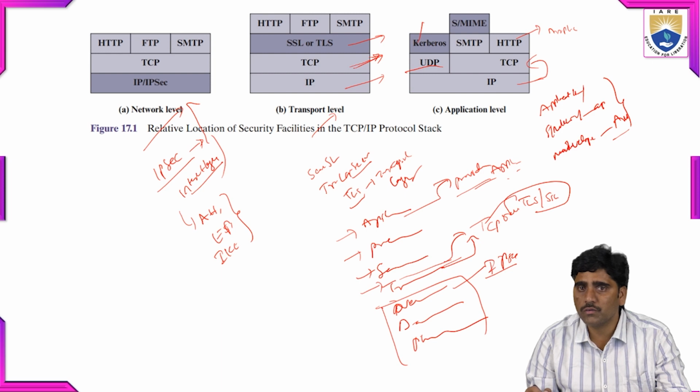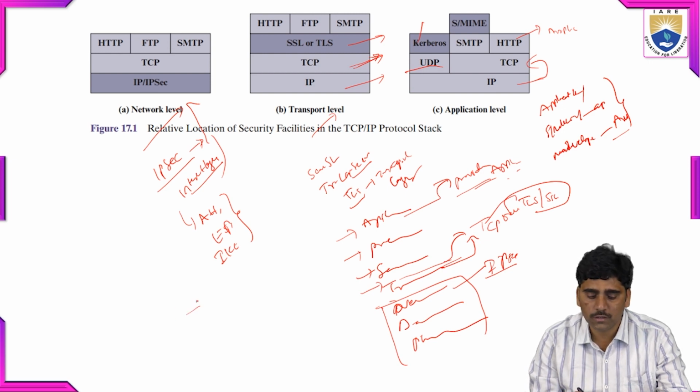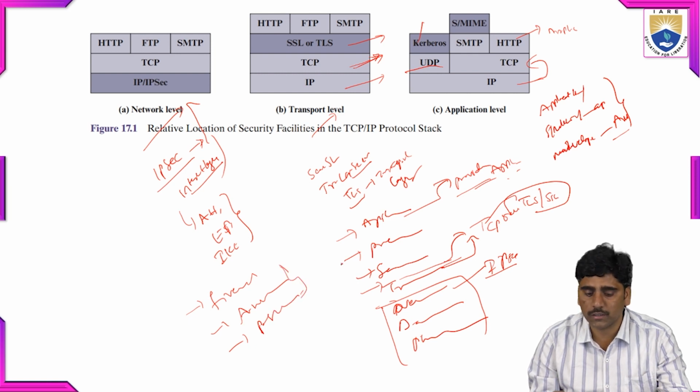We are using different types of firewalls, different types of antivirus softwares and different types of password management techniques. All these are related to security services at each and every layer of web security.